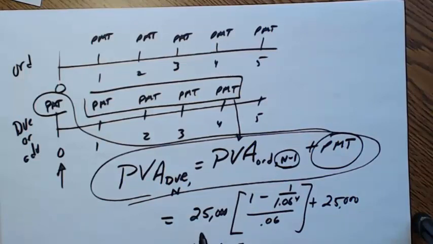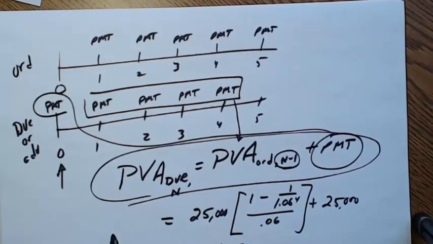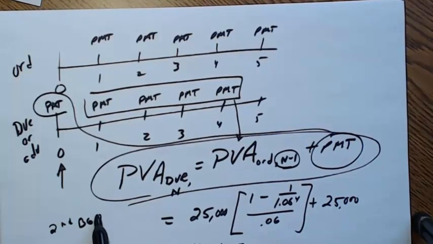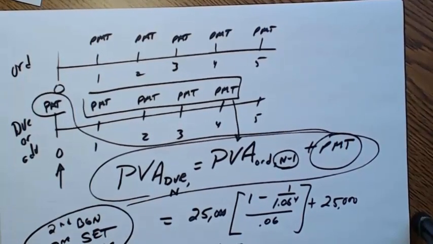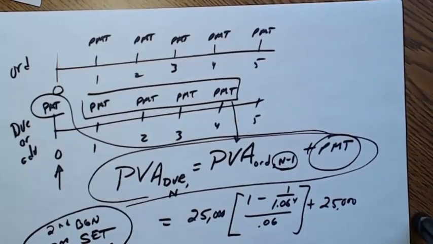So you ought to be able to do this in your calculator. Again, make sure that you hit second begin, then second set, enter, to make sure that it's a beginning annuity and it has that little BGN up there. And hit your n equals 5, I/y equals 6.